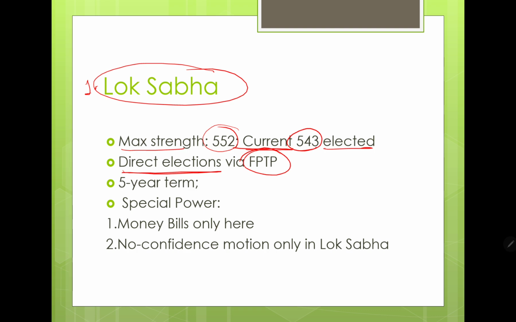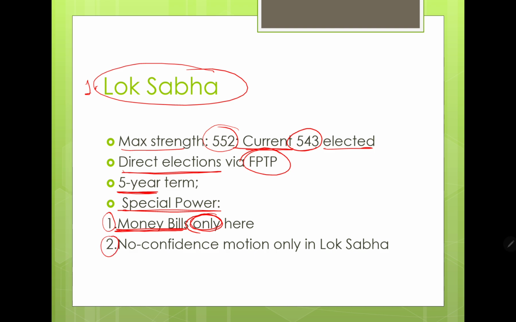Then the term of Lok Sabha members is 5 years, and Lok Sabha has special powers. The first one, it has the special powers in comparison to the Rajya Sabha, where the Lok Sabha can pass all the money bills. All the money bills are passed only in Lok Sabha, not in Rajya Sabha.